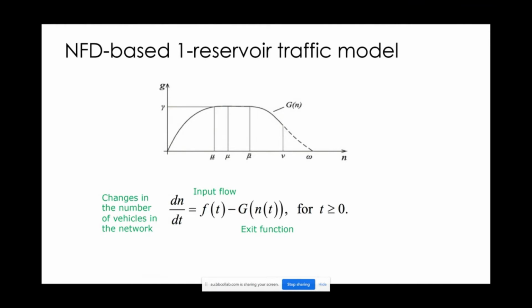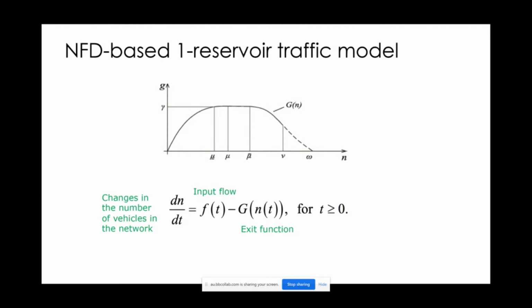Next, I'm going to talk about a very simple model based on this concept of MFD and related to the conservation of vehicles at the network level. Remember the LWR model, which was also based on the conservation of vehicles, where we said the change in the density over time is equal to the change in flow over space, right?